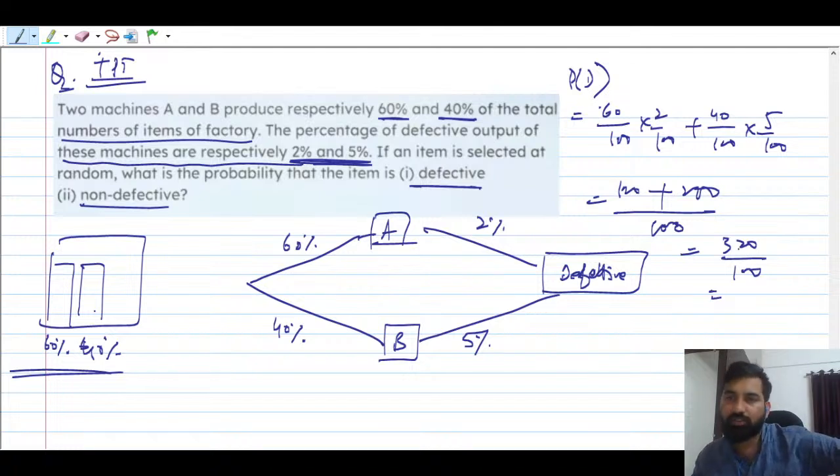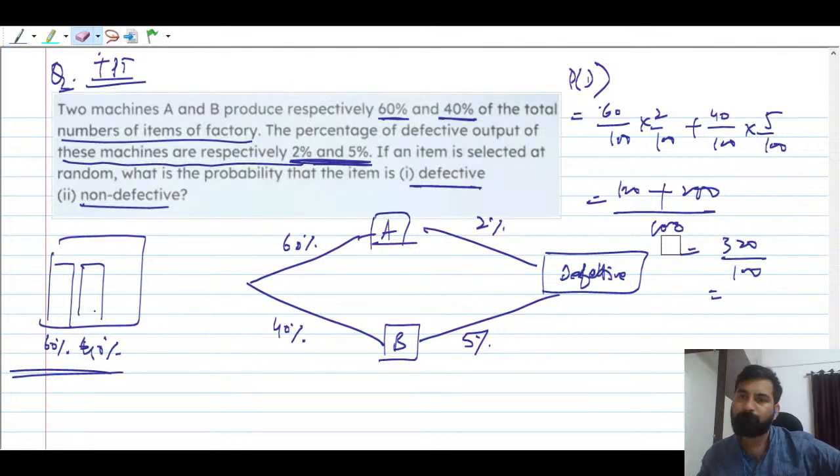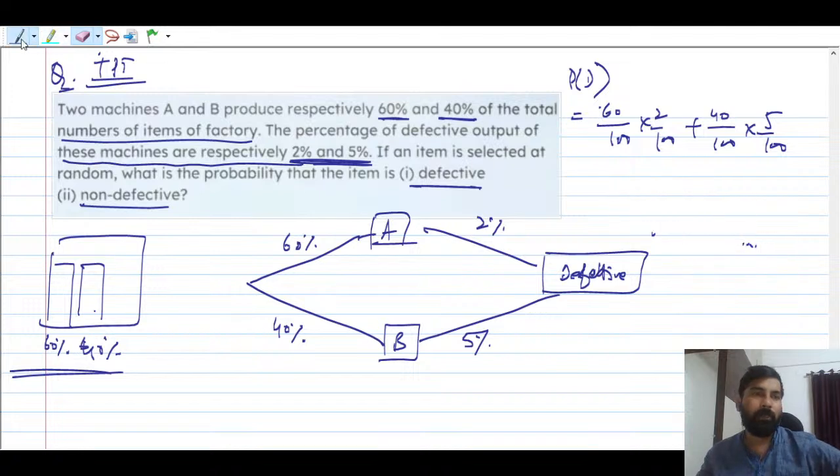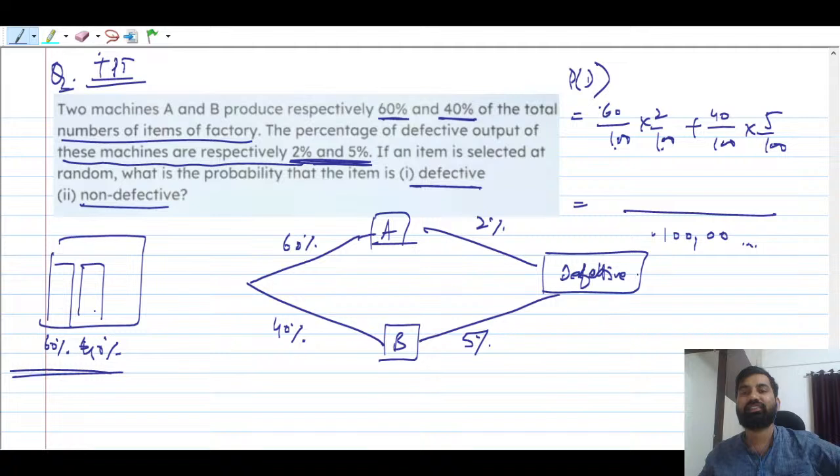I think there is some issue here. One minute. What is the answer here, guys? I think this is clear. Yeah, it is clear only. But the mistake we made here is that we need to multiply 100 into 100, that is 10,000.